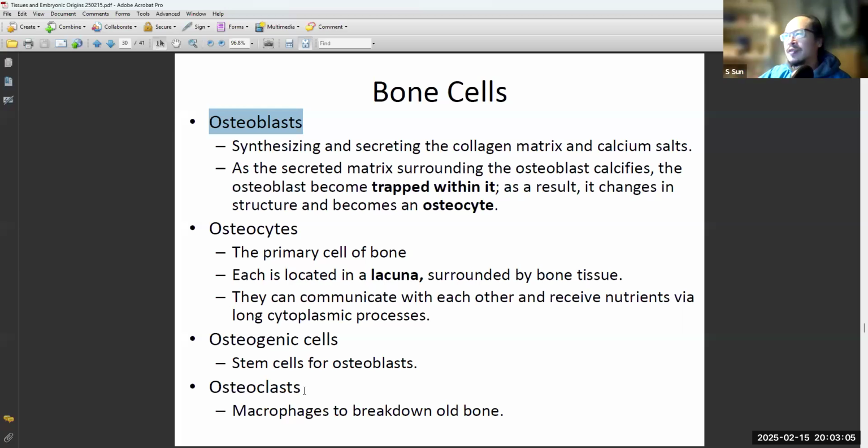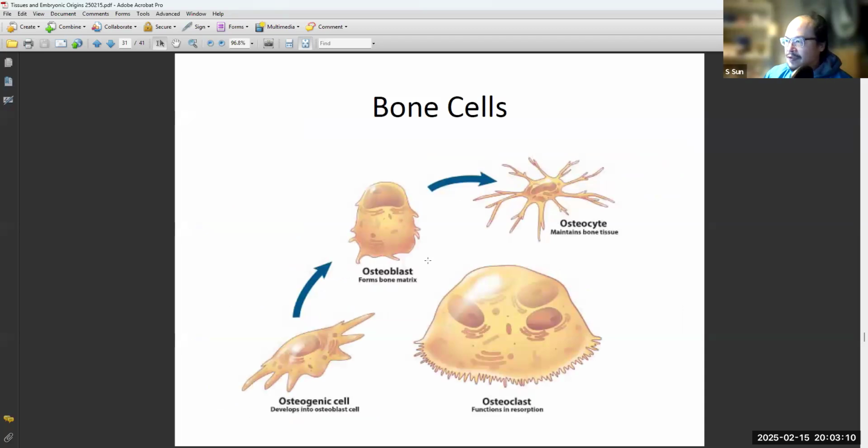So those are the four types of bone cells. Osteogenic cells can differentiate into osteoblasts. Osteoblasts secrete a lot of matrix, get themselves stuck inside of the lacuna, and become osteocytes. And the osteoclasts chew away the old bone.